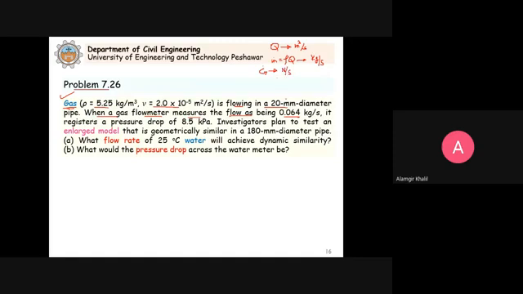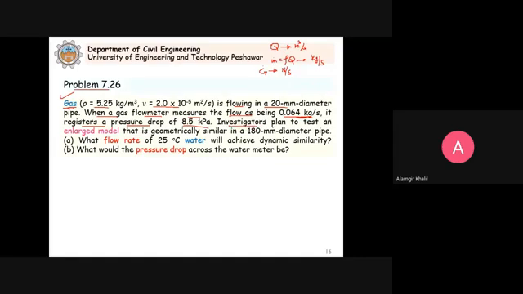When we deal with compressible fluids, the mass flow rate and the weight flow rate become convenient to work with. But so far we have not used them because we are dealing with incompressible fluid problems most of the time. So you can see here the flow is given as the mass flow rate. Clear? It registers a pressure drop of 8.5 kPa, kilonewton per square meter.